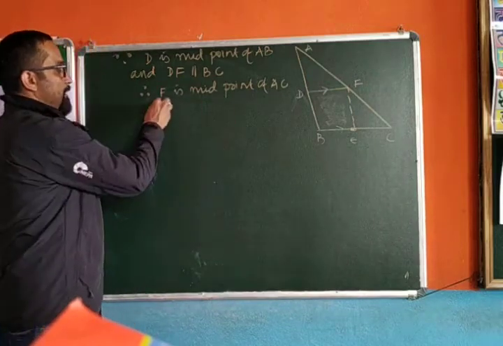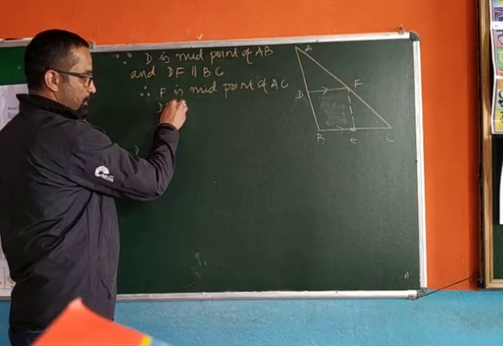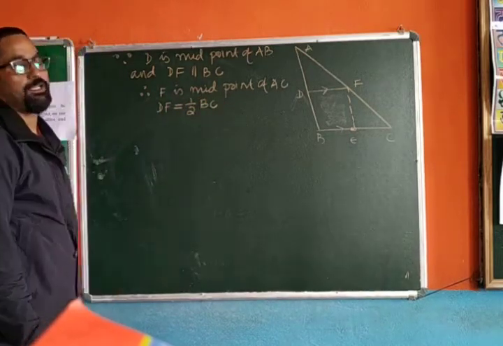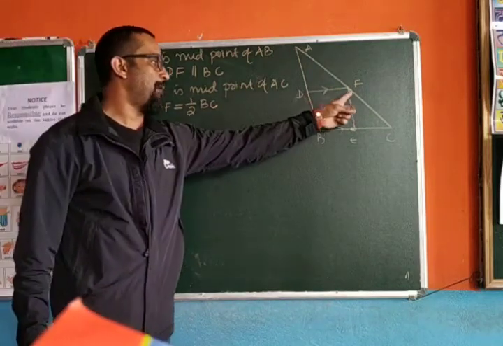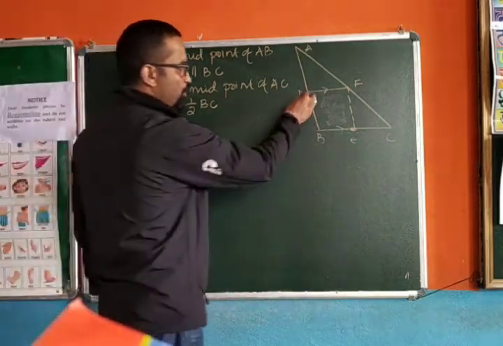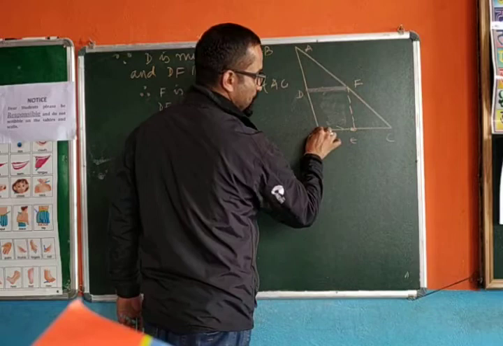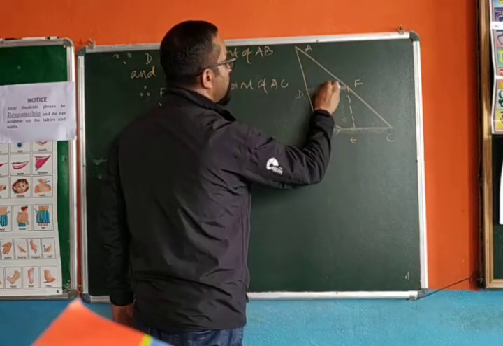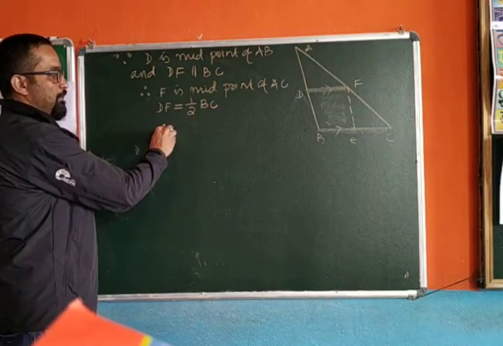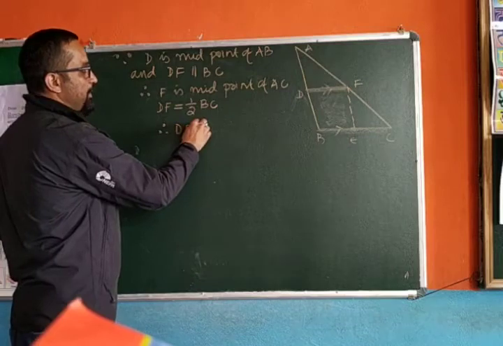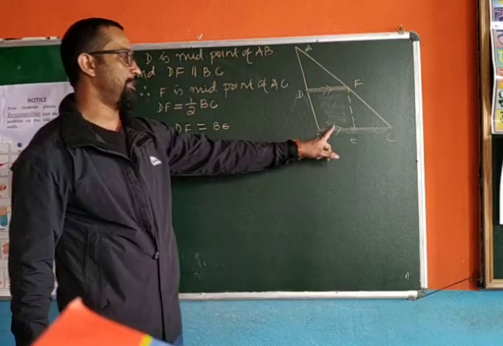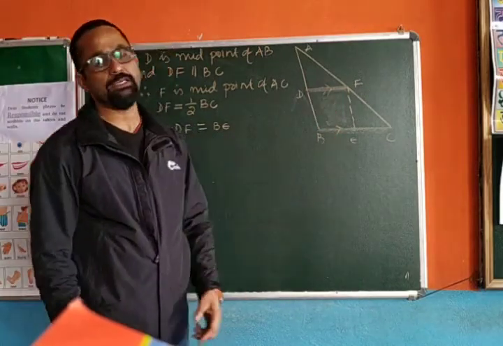So we can write DF is equal to half of BC, midpoint theorem. So we know this DF is parallel to this and it is half of it. Therefore, DF will be equal to BE.